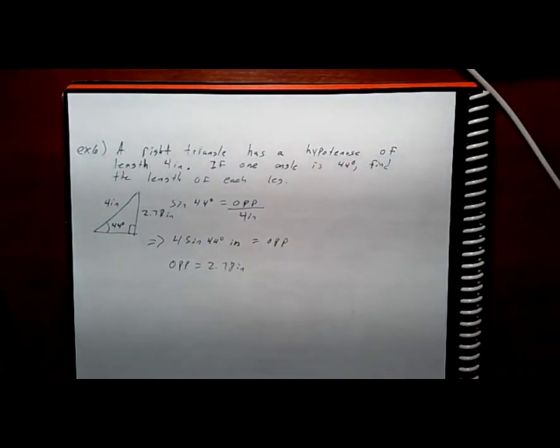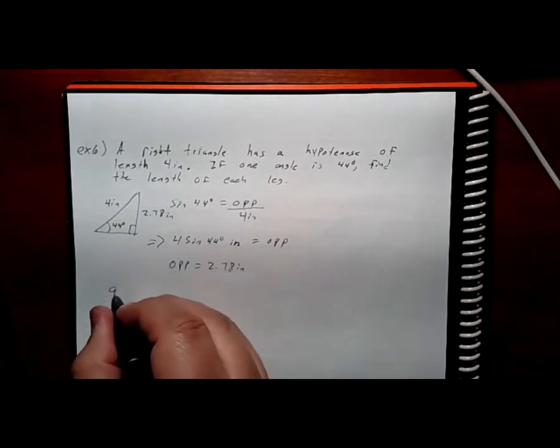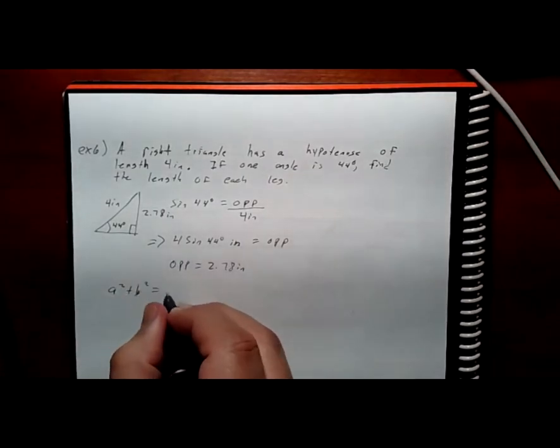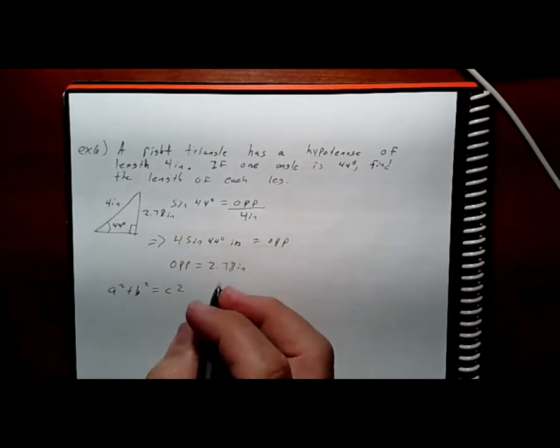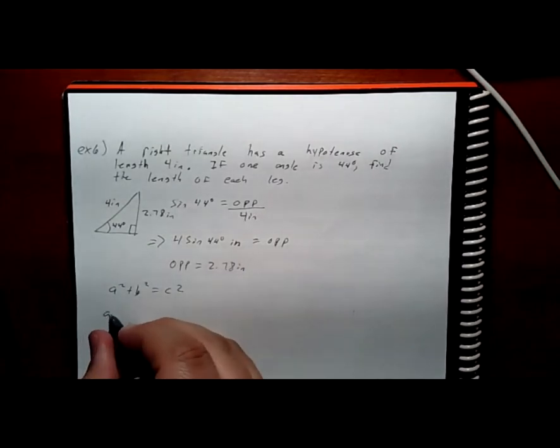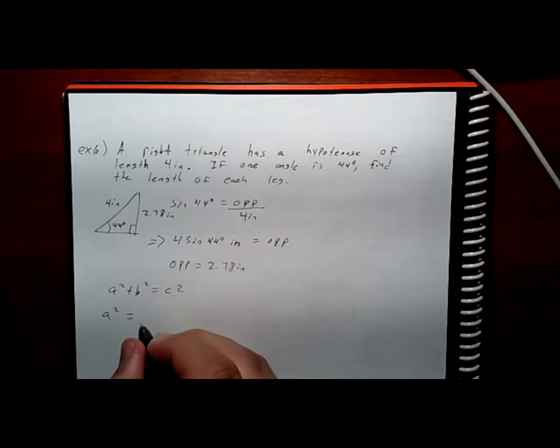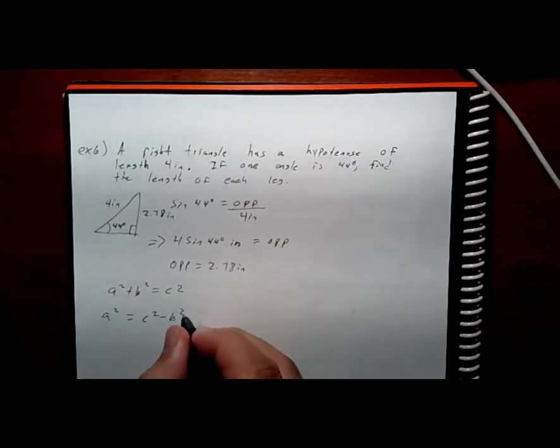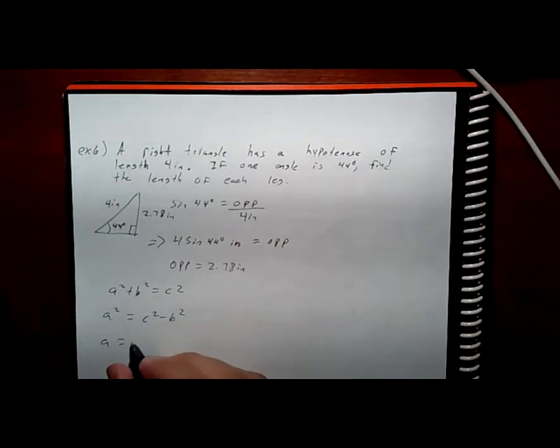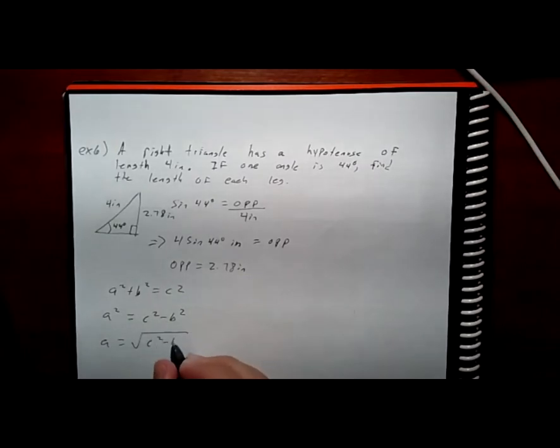So we can use Pythagorean theorem, or you can use another trig function. It doesn't really matter. We do Pythagorean, we know that a squared plus b squared equals c squared. So let's solve for a squared. So subtract the b squared, square root both sides.